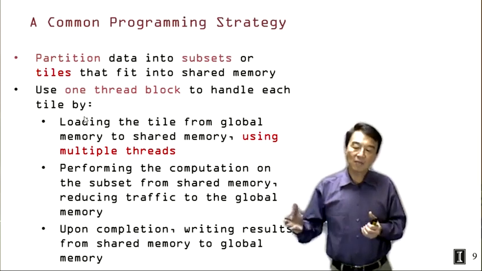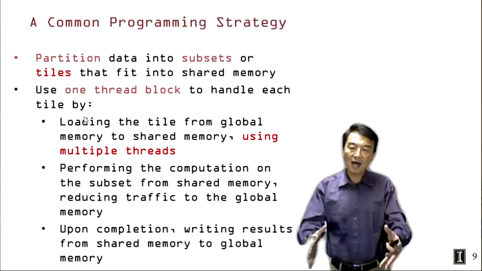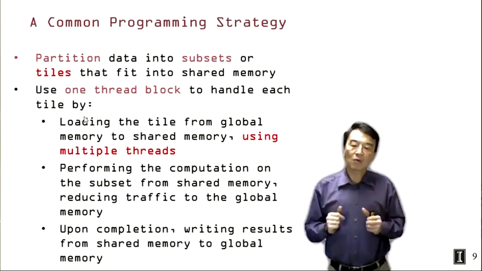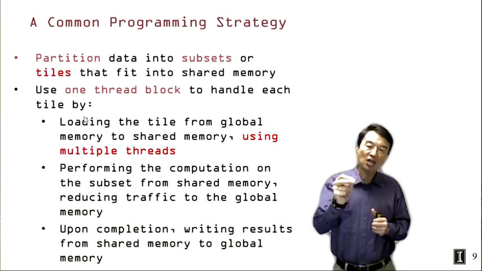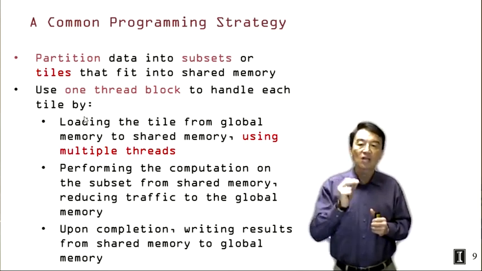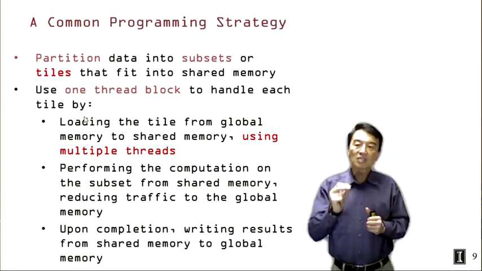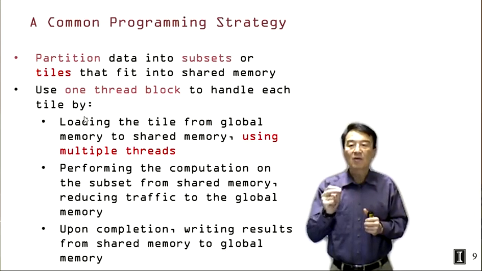And then once we have the tile in the shared memory, we perform the computation on the subset in and out of shared memory rather than global memory. This allows us to do the computation much faster because the shared memory can provide these values to the processing unit at much higher speed.